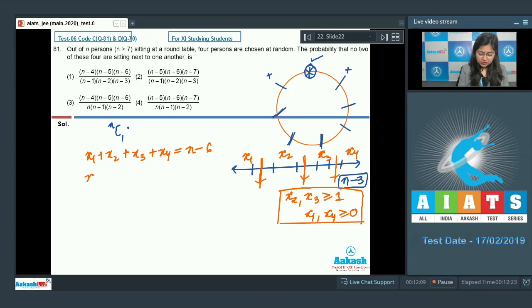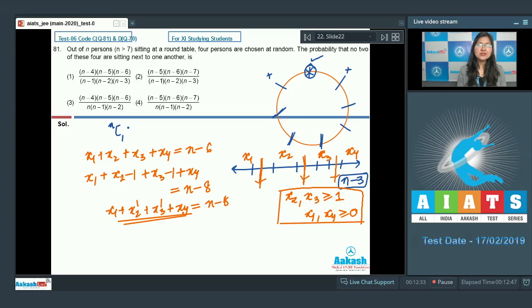So it can further be written as x1 plus x2 minus 1 plus x3 minus 1 plus x4 is equal to n-8, right? So we can say that x1 plus x2' plus x3' plus x4 is equal to n-8, where all 4 are greater than or equal to 0.